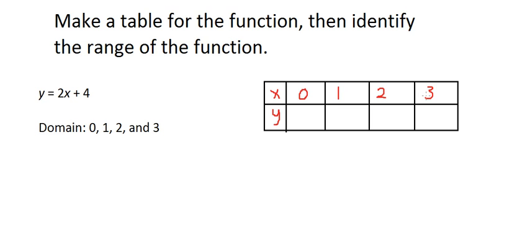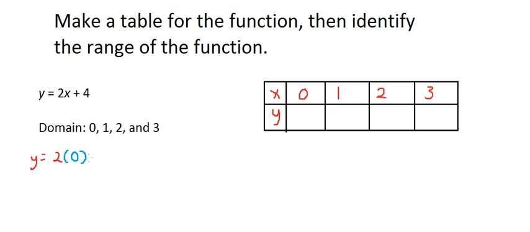Okay, now for our y, what we're going to do is plug in each x value and find the corresponding y value. Let's do our calculations off to the side here. So the first x value we're going to plug in is this 0 right here. So we're going to write down y equals 2, and then instead of an x, we're going to write a times 0. I'm going to put that in another color so that you can see that this is really what's going to be changing each time we do another one of these problems.